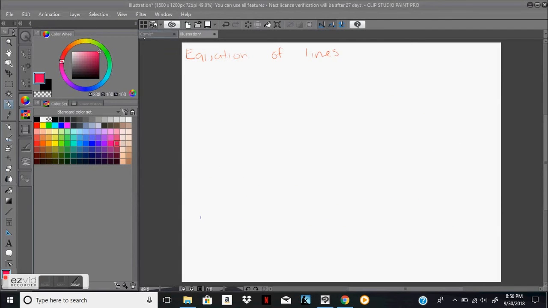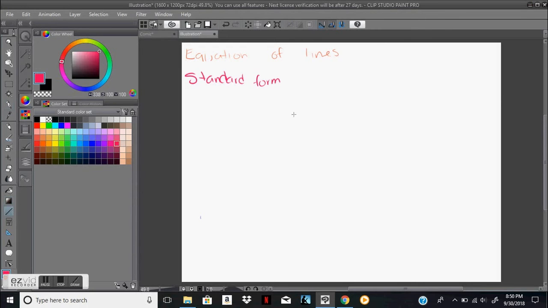Now moving on to our next example, we are going to be working with the standard form of an equation, and we're going to draw another plot. The standard form is ax plus by equals c.